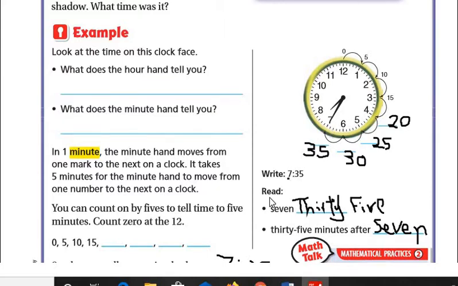It will be written directly on the left of the colon, the two dots above each other here. Do you see them? They are called colon. So on its right we have the minutes. The long hand, the minutes hand, points at 7. How many minutes at 7? We have 35, so it's 7:35.